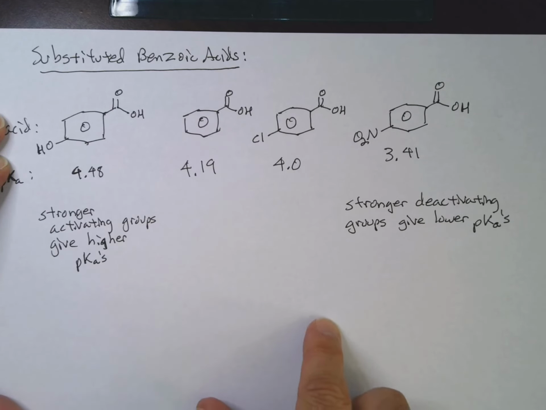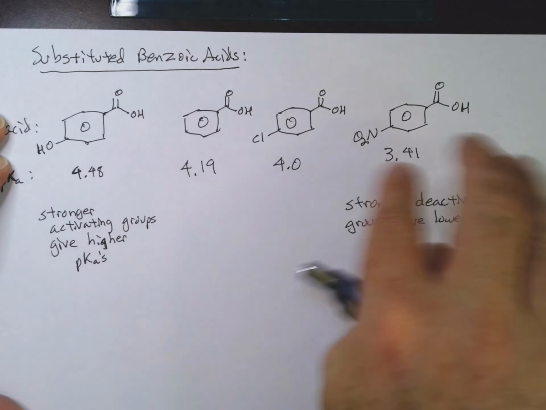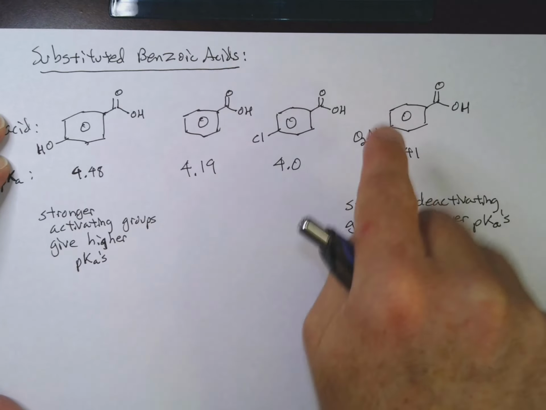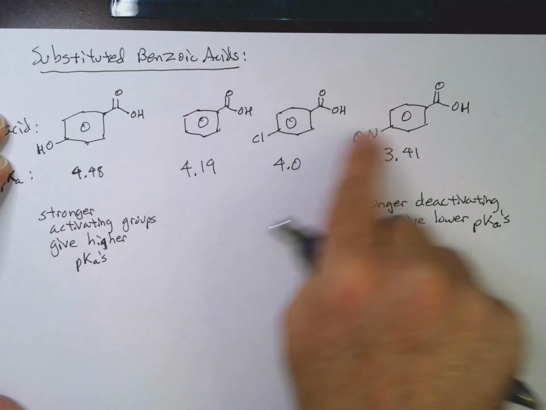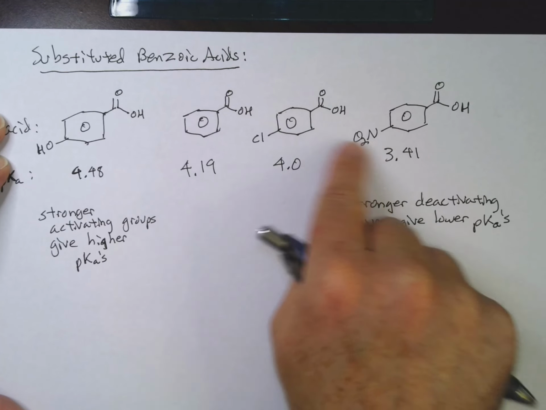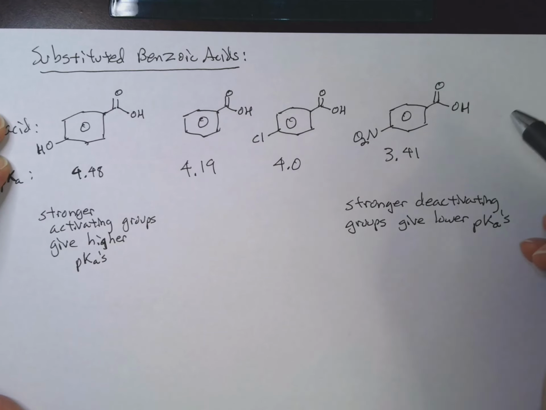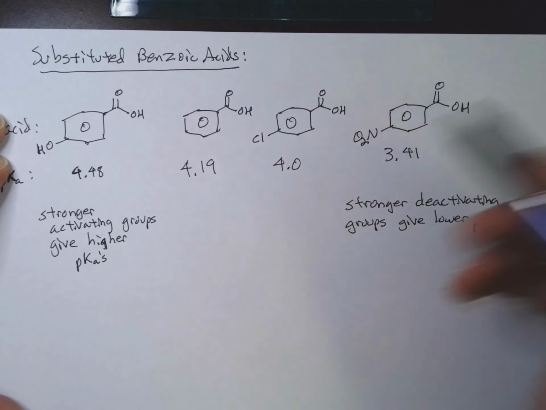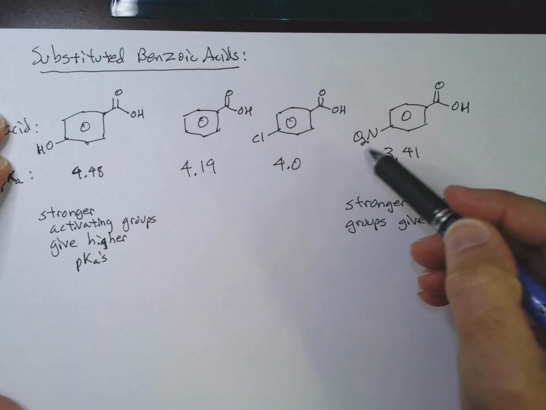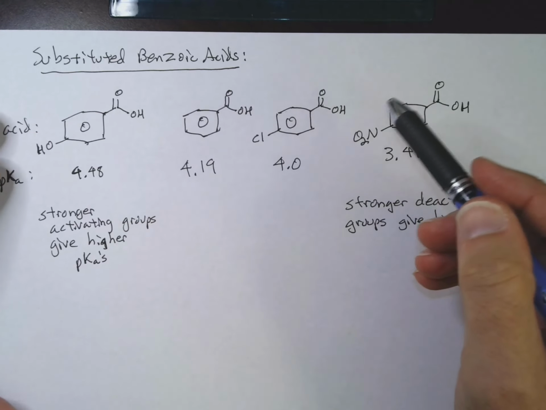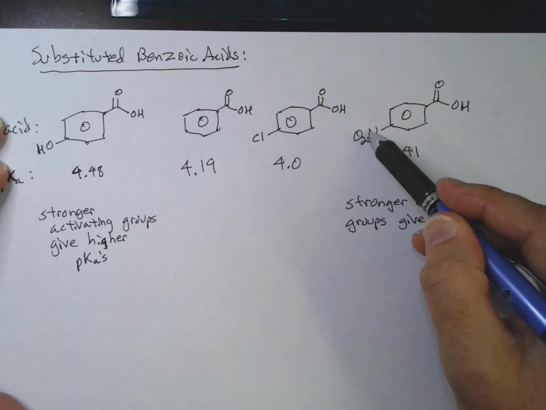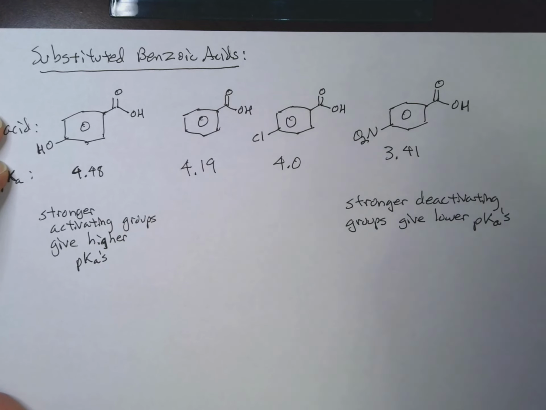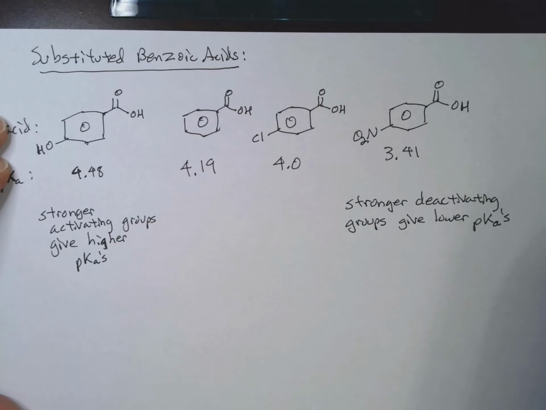You could measure the pKa of that, and based on the relative pKa compared to these guys, you could figure out where it is in the line of reactivity. And it should be in between, I believe, the NO2 and the Cl. So the pKa tells you something about how deactivating the group may be. A stronger deactivating group gives you a lower pKa in your benzoic acid.